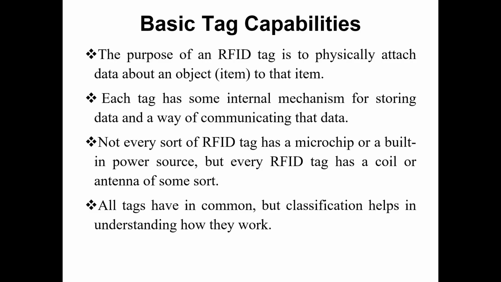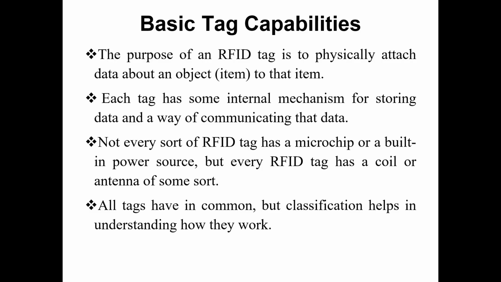Basic tags store only an ID number, while advanced ones can hold product details, history, or sensor data. Tags communicate with RFID readers using radio frequency signals. They support reading, and in many cases writing is also supported, which means updating their data.